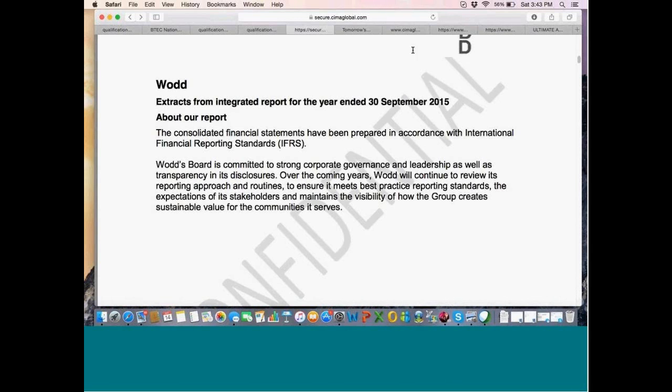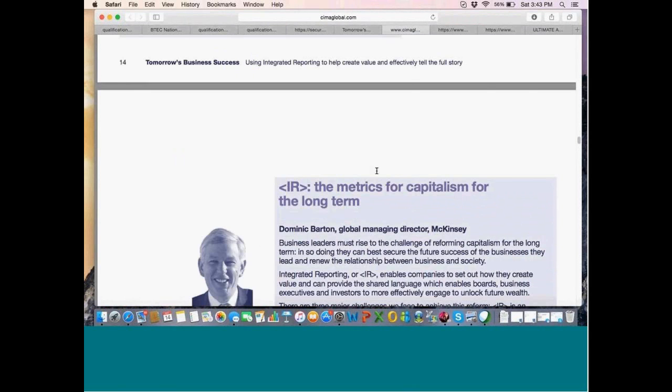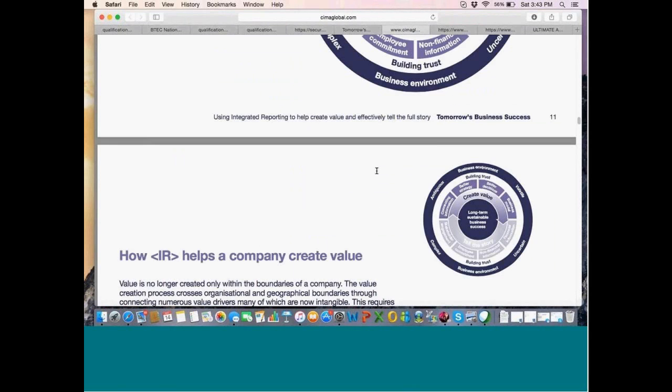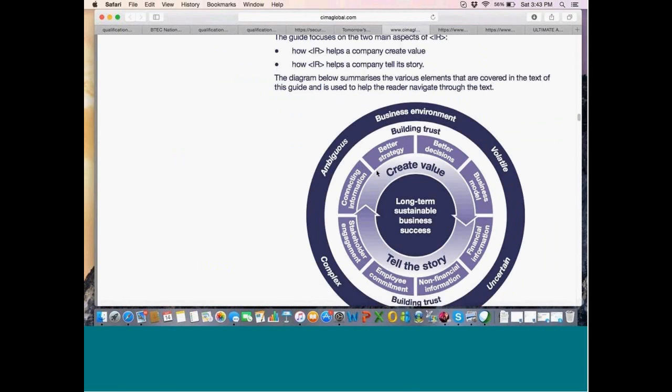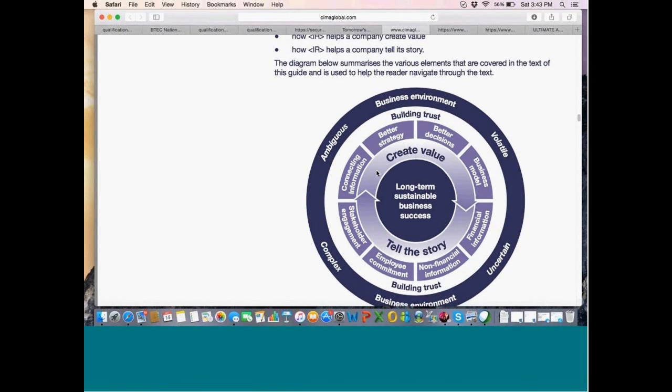If you can see my screen, that's why I want to show you this. Now, this is what it is, right? What is integrated reporting? It talks not only about the finance aspects, but also beyond finance, right?